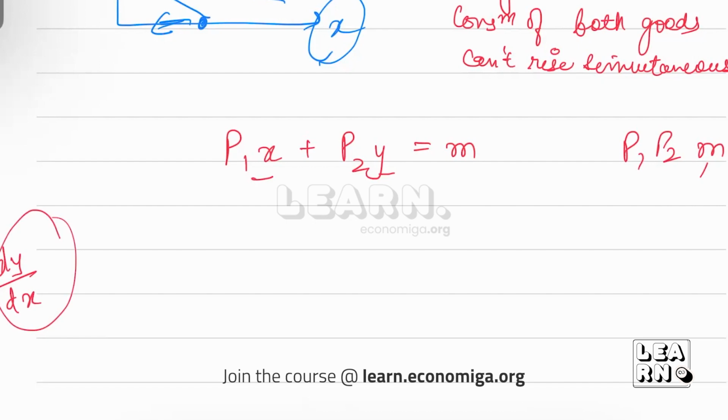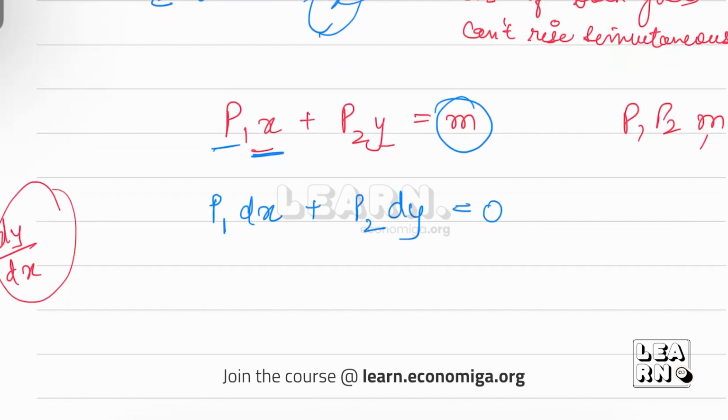So you're going to totally differentiate. What I mean by total differentiation is you just differentiate x totally, which is dx, not with respect to y or m or p1, just totally differentiate. The derivative of a constant is 0. P1 was constant, so P1 comes as it is, totally differentiated x becomes dx, totally differentiated y becomes dy, and P2 comes as it is because it was a constant.